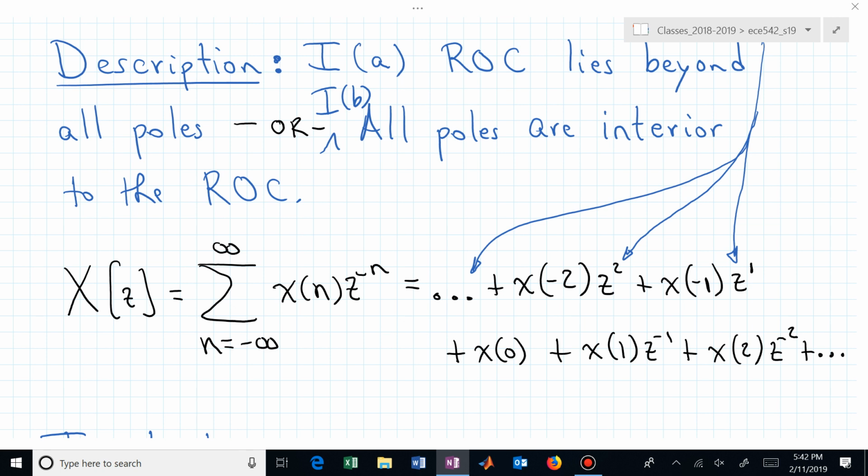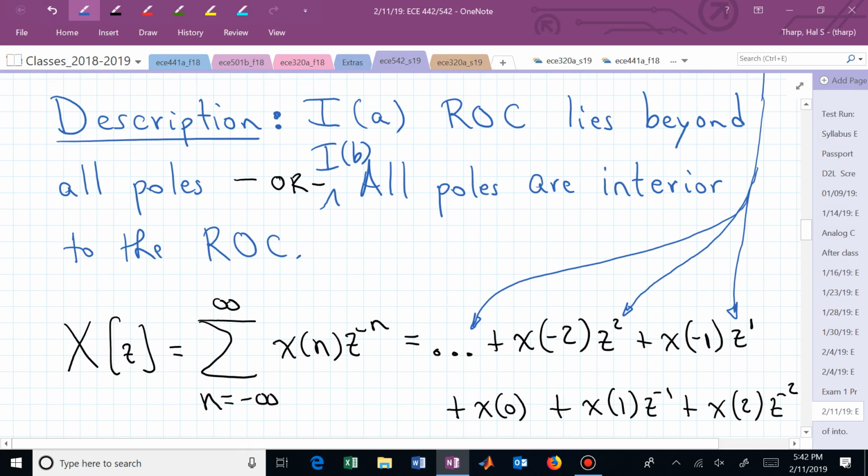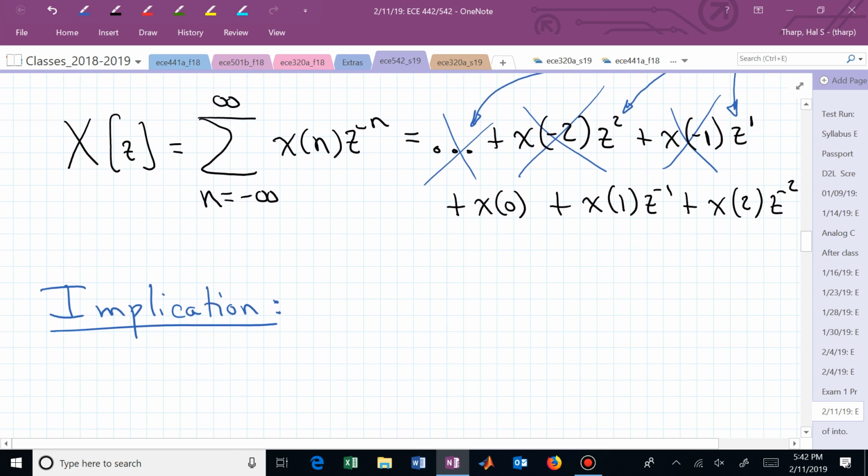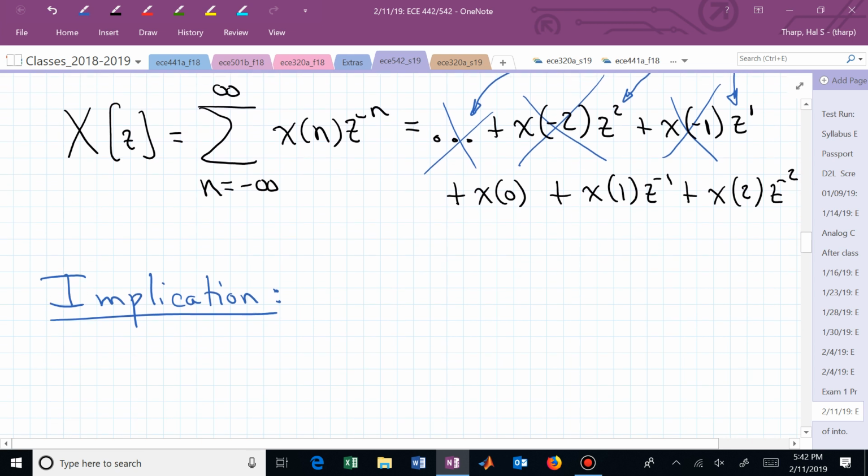This pattern, if z is marching off to infinity, is really saying that we can't have any of these terms associated with z raised to, basically, since z to the minus n and n is negative, it's really like z to a positive power when n is negative. What's that mean in terms of the implication?